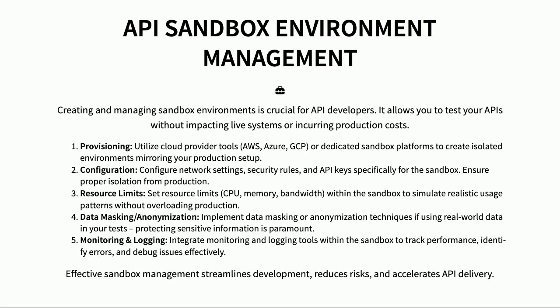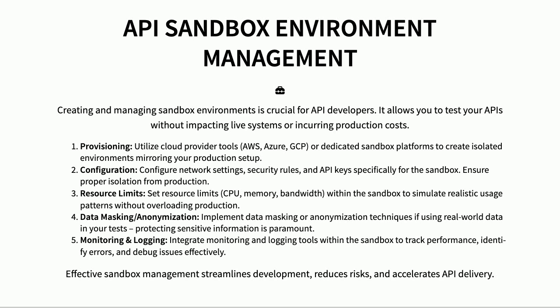Let's talk about managing your API sandboxes. Think of them as safe spaces for testing. They're completely separate from your live systems. First, you need to actually create the sandbox using tools like AWS or Azure. Then it's important to configure it correctly. Setting up the right network rules and security settings is key.